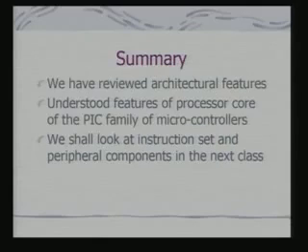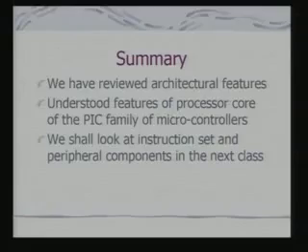So this more or less gives me the basic introduction to the core features of the PIC processor. I am not talking about the complete PIC microcontroller, obviously, because I have not yet looked at the peripherals and the I/O ports.